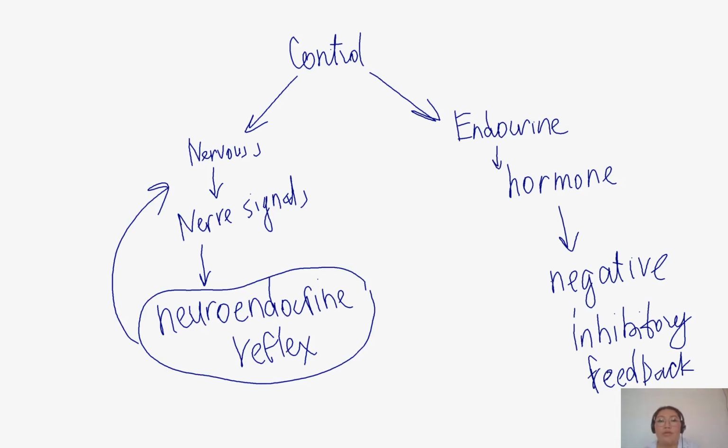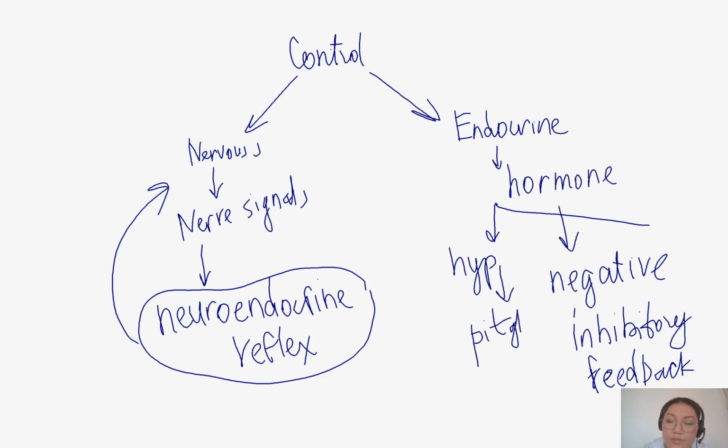If we talk about hormones, we can take the thyroid gland. We have the hypothalamus, and it will release one hormone that acts on the pituitary gland. I will draw it, sorry. The hormone from the hypothalamus goes to the anterior pituitary gland, and to the thyroid gland.